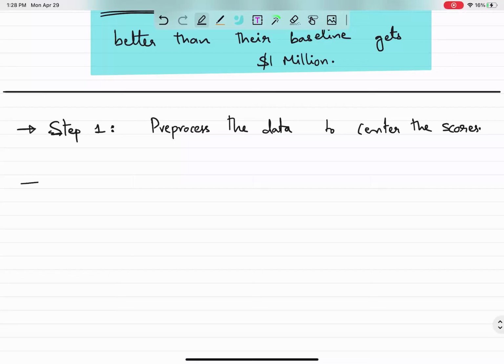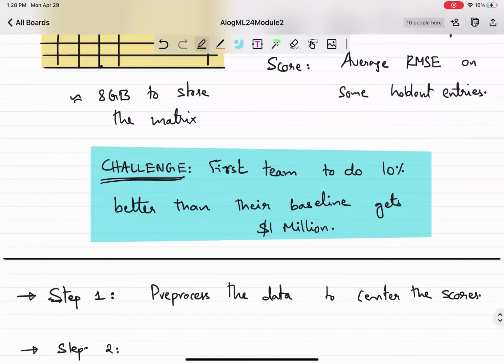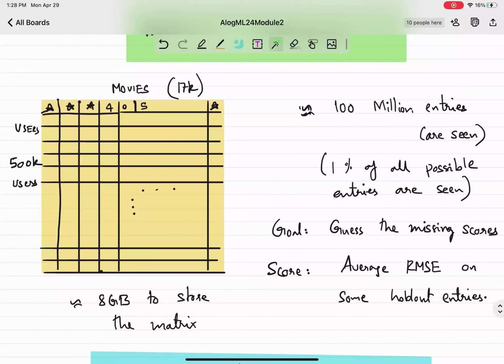And the next thing I'm going to do is, once I have mean 0 for the known entries, and this is only on the known entries, we don't see the entire matrix, so we have all of these stars. What would be a good value to put for the stars after I do the centering? 0, right? It's basically like saying if I don't know what the star is, my first guess would be the average rating.